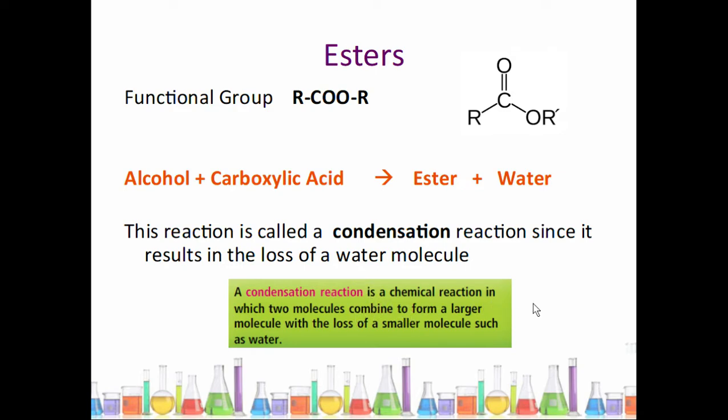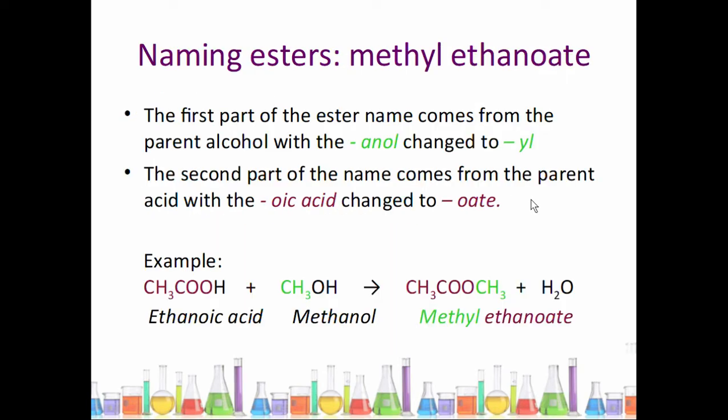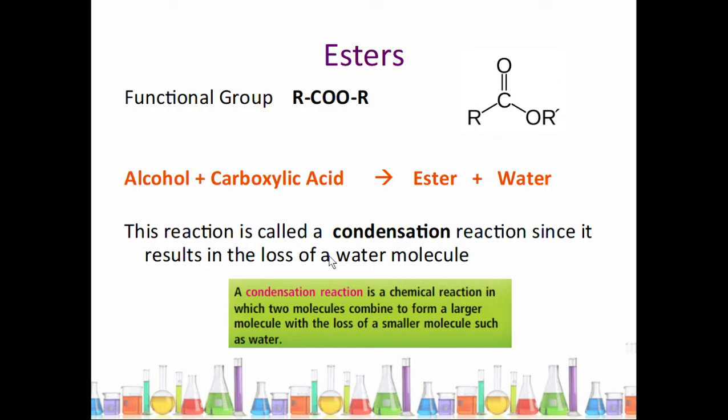A condensation reaction is a chemical reaction in which 2 molecules combine to form a larger molecule, so alcohol and carboxylic acid forming a larger molecule, which is the ester, with the loss of a small molecule such as water, so we're losing water there.